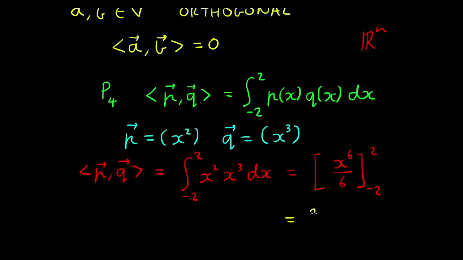So we get 2 to the 6 on 6 minus -2 to the 6 on 6. So a negative number to an even exponent gives a positive result. So we get 2 to the 6 minus 2 to the 6 on 6, which is 0. So therefore P and Q are orthogonal.